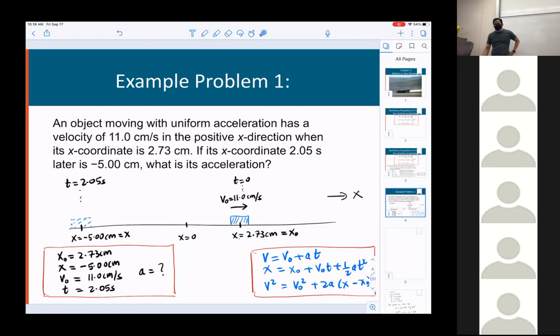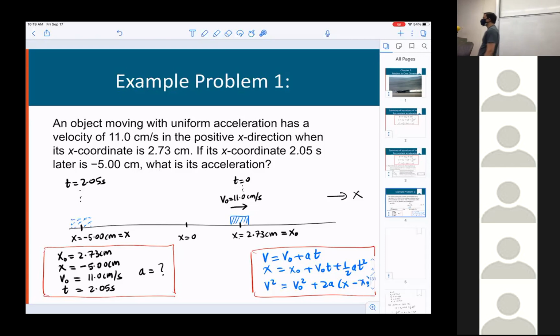An analogy I can think of is perhaps you're going in a sailboat and you're moving in the positive x direction, but there's a wind in the opposite direction, and that's causing the sailboat to slow down. It'll come to a stop, and then the wind will keep pushing it, and then it will start to go back the other way. And we will see later on, accelerations are caused by forces. So you can imagine that there's a constant force from the wind, and so it comes to a stop and then starts to go back in the opposite direction.